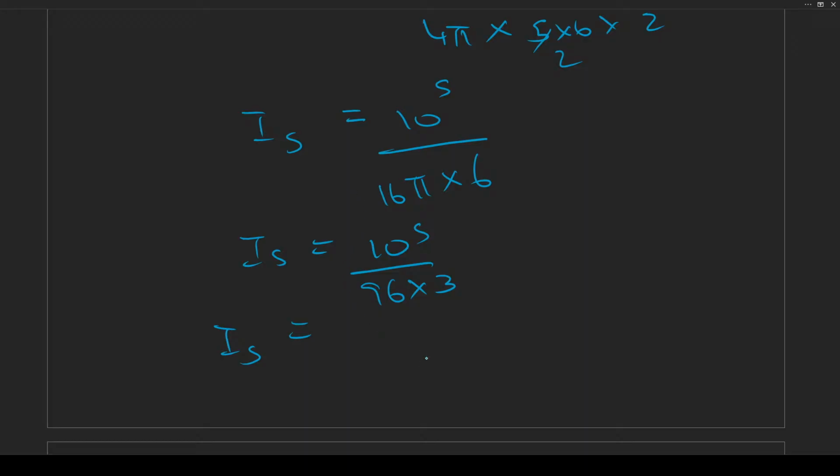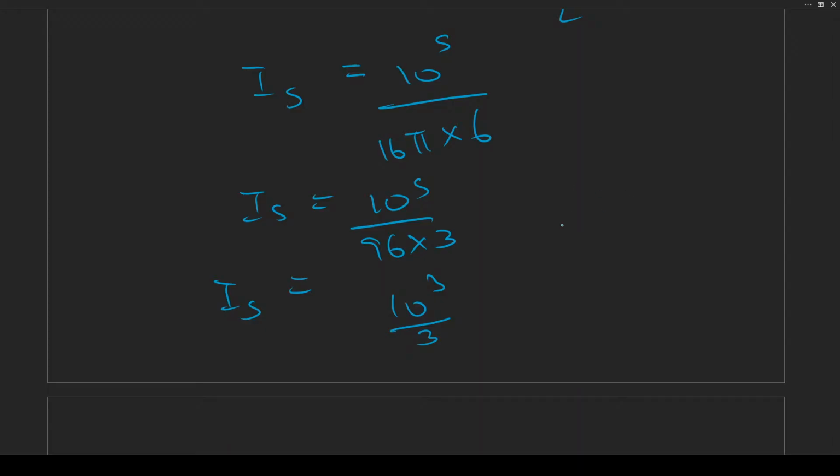So I can write it approximately as 10 power 3 by 3. So I'll get I in the solenoid to be around 300 ampere or so.